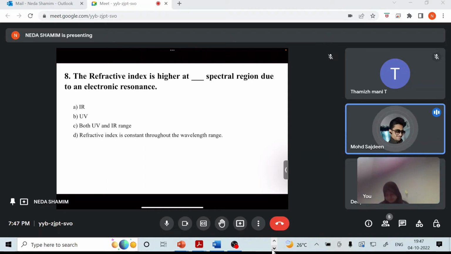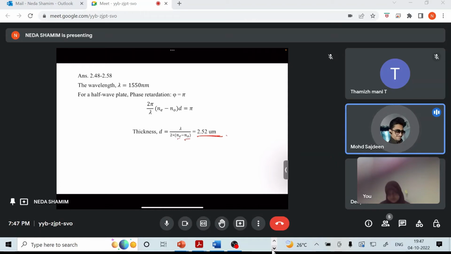Next question. Excuse me, ma'am. In the last question, if we have to write the answer in scientific notation, how do we write 2.52 micrometers? Basically this will be 2.52 times 1e minus 6 meters.